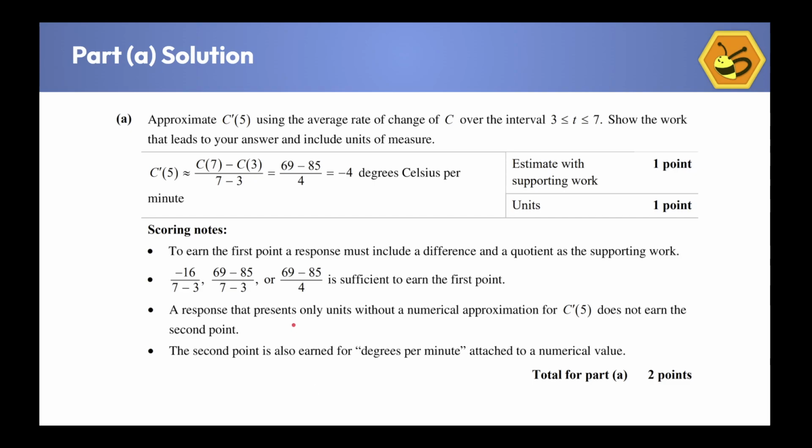A squiggly line, no, you don't need to. It only awards 1 point for the estimate with supporting work. So just this is fine, or this. Yes, we definitely should include units because the question tells us that we should include units of measure.